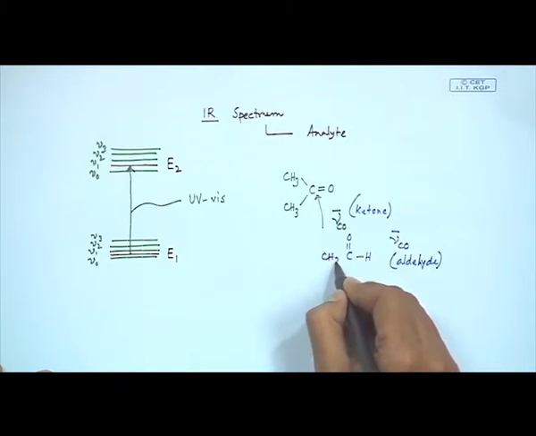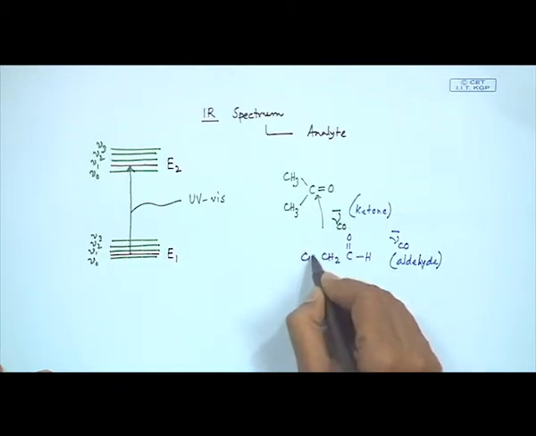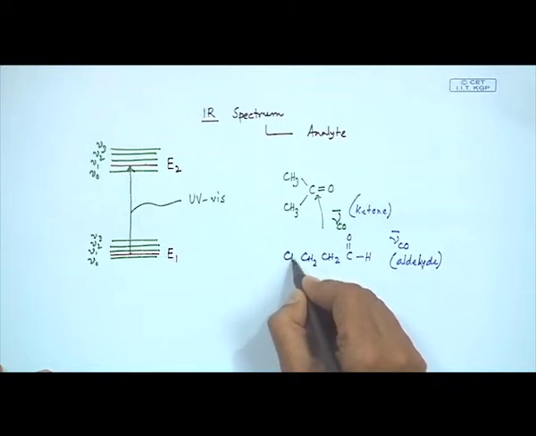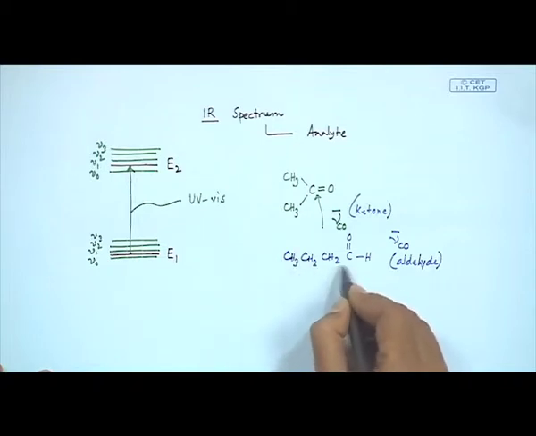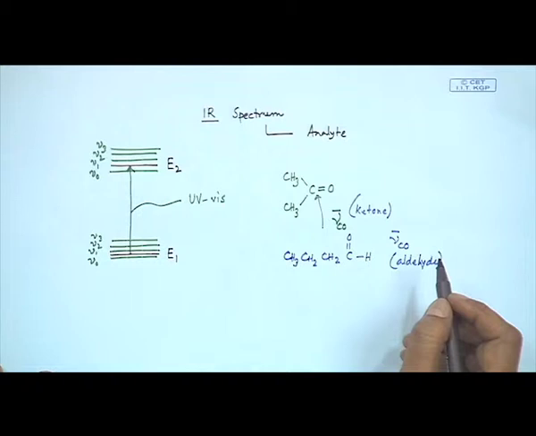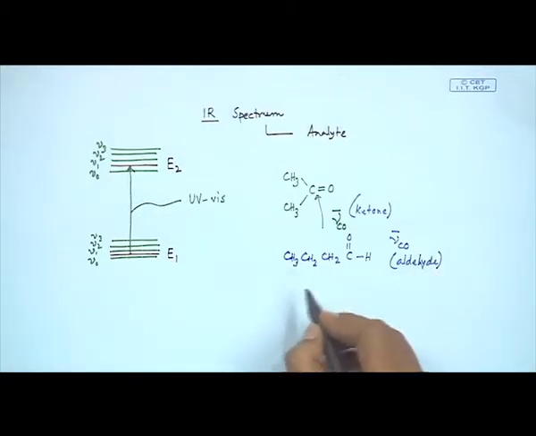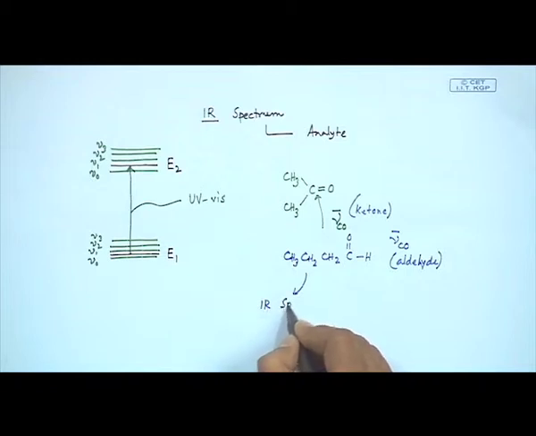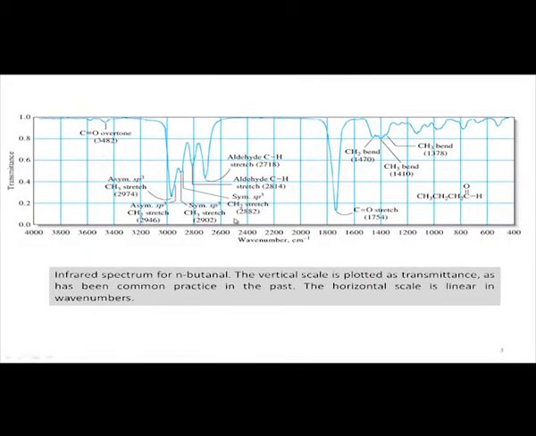So, in this molecule you have four carbon centers: CH3, CH2, CH2 and CHO. If we look at the corresponding IR spectrum of that molecule, we see it is a very complex one. You see so many bands, and it is taken from Skoog's book.